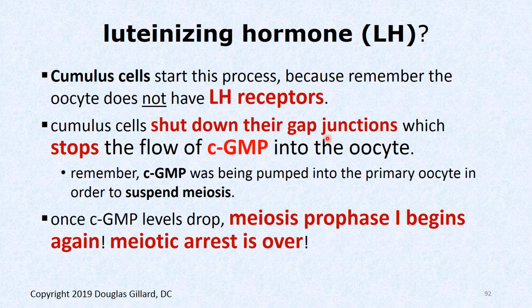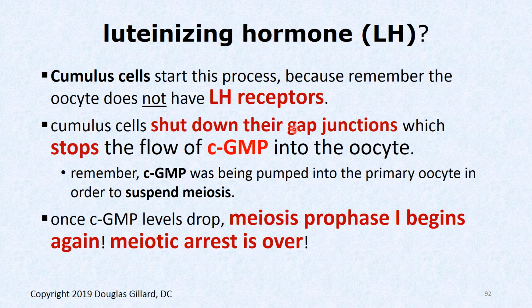This is how this all works. We talked about that being the communication into the oocyte. Those gap junctions were feeding cyclic GMP, some cyclic AMP, into the oocyte, and it was getting to the nucleus and suspending meiosis.